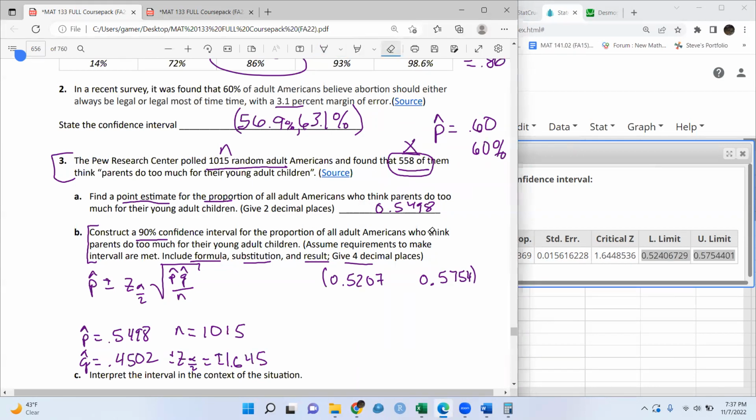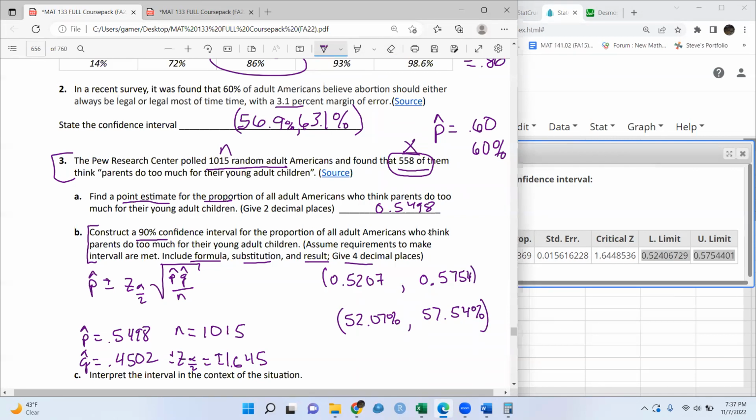And because this is a proportion, we could also write this confidence interval as percentages if we so chose. So that would be 52.07%, comma, 57.54%.